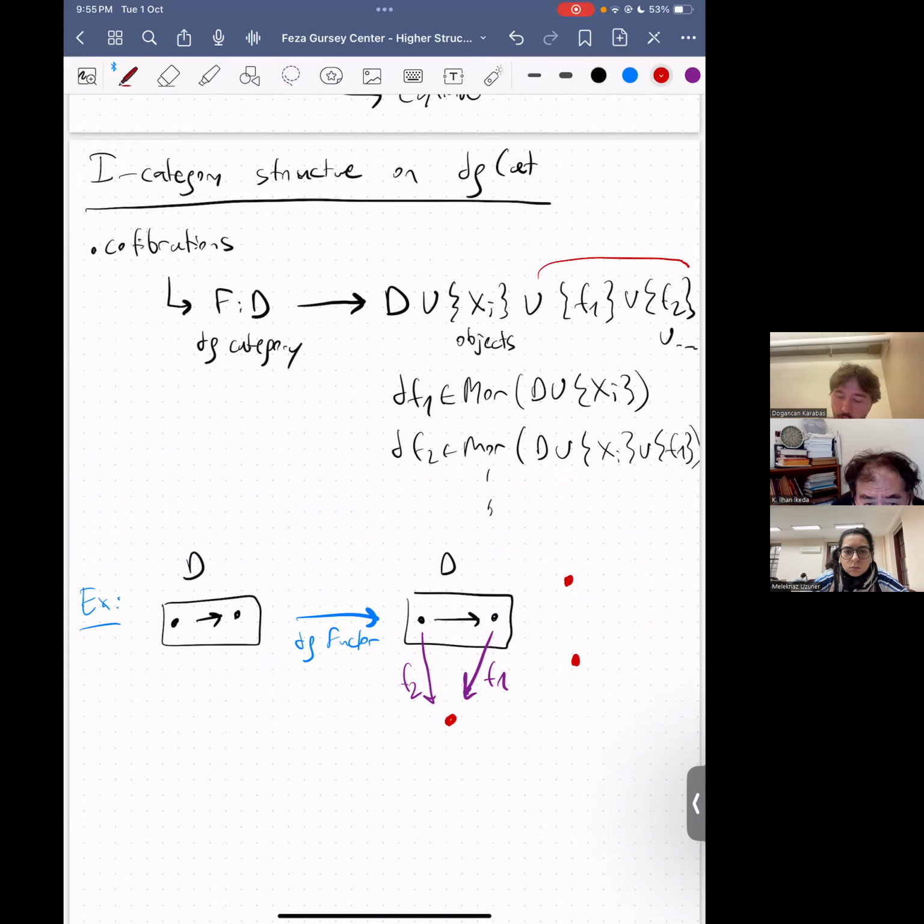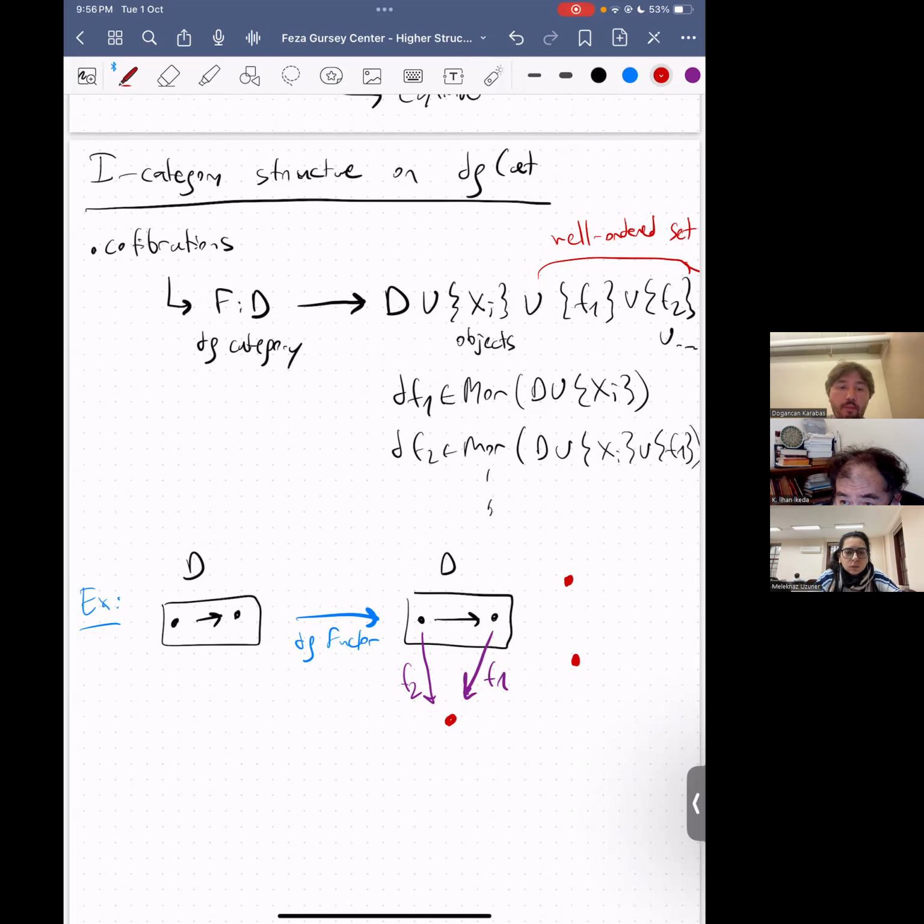And this is a well-ordered set, so it can be indexed by any ordinal number. It's like attaching disks, like doing a construction process. It doesn't need to be countable. I should not say F1, F2, maybe it's misleading, but it starts like that.